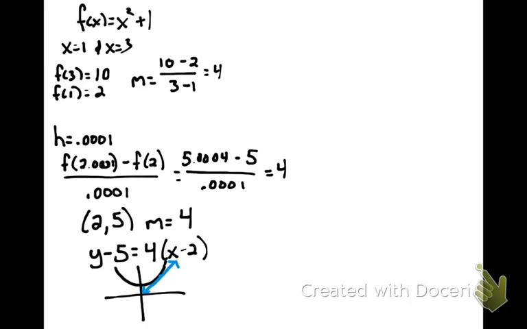So these are the ideas that you're working with right now. Recognizing and seeing the relationship between secant lines, a tangent line at a given point, and coming up with the equation of the tangent line using a rough approximation. We'll be formalizing this idea of tangent line slopes shortly.